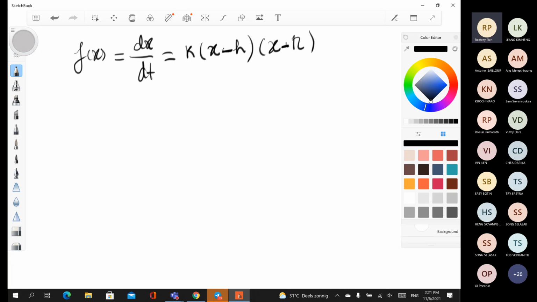So when we draw the phase diagram, you can ignore the order of x, because I put x first, so I just put x here and n here.